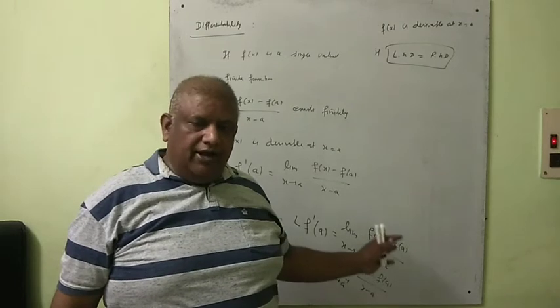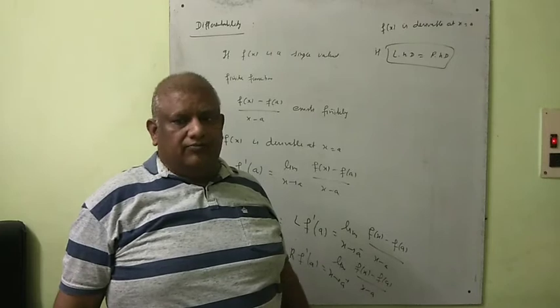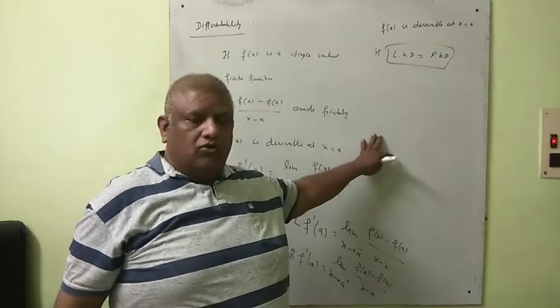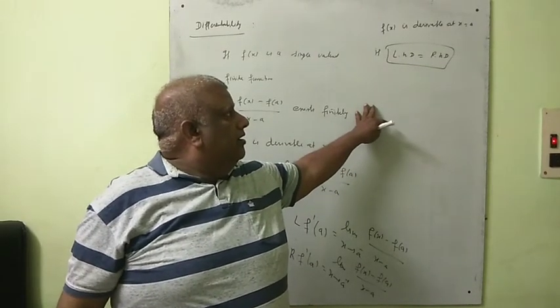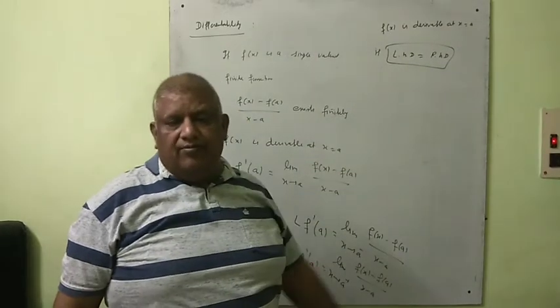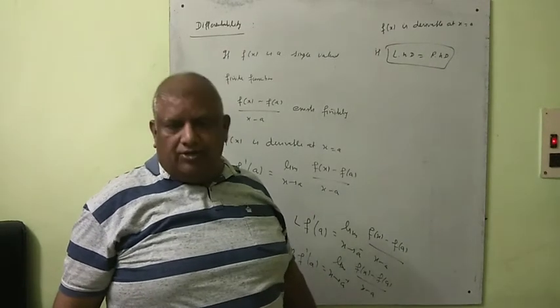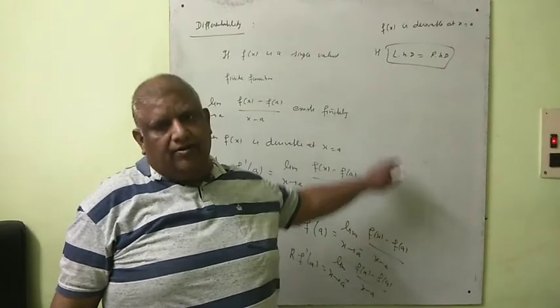So derivability implies continuity. In the higher classes, there are some questions where some functions are derivable but not continuous. Here, no need to talk about those questions. If a function is derivable, we can say it is continuous, but its converse is not true. If a function is continuous, then it need not be derivable.